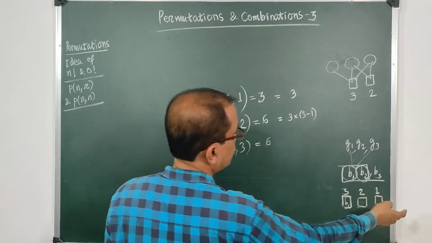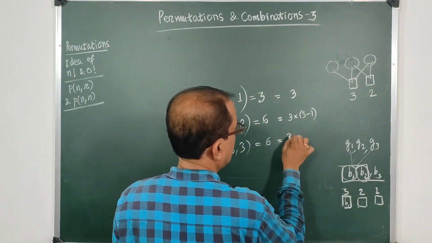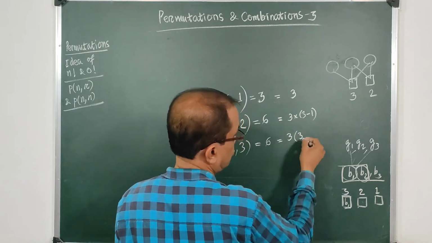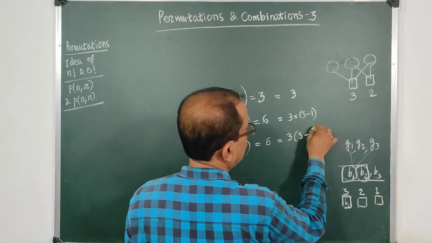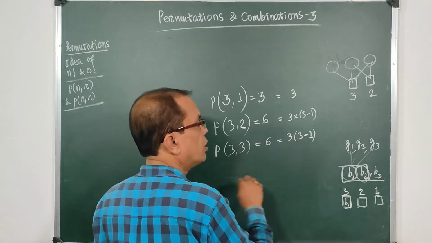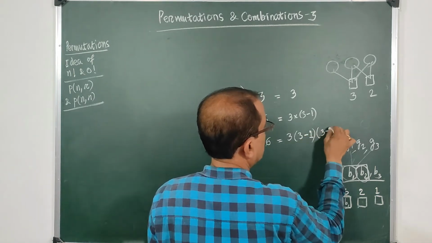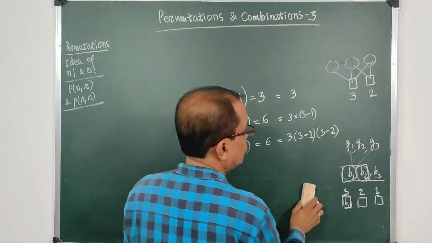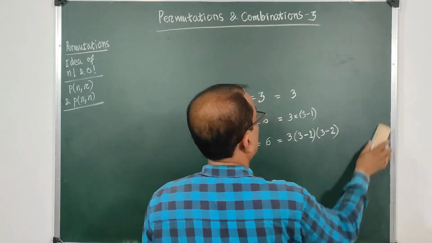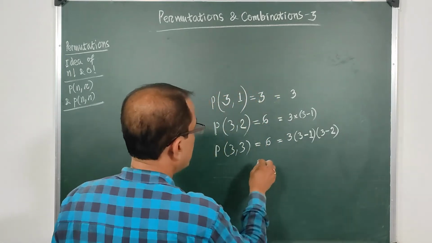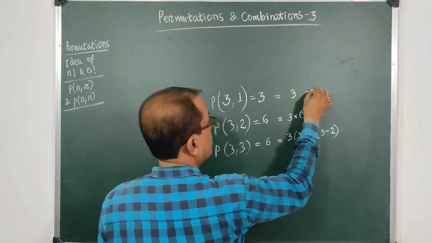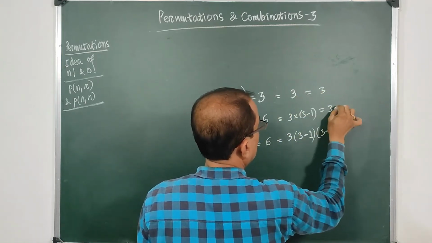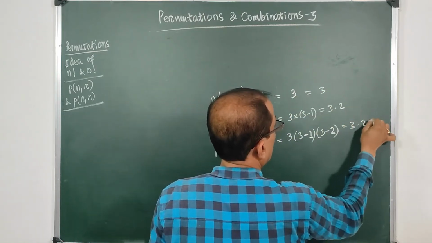So 3 into 2 into 1, we can write this as 3, and after the first choice 1 is reduced, the choices reduce by 1, and for the second choice reduced by 2. So this is the formula we expected. We can write now P, this is 3, this is 3 into 2, and this is 3 into 2 into 1.